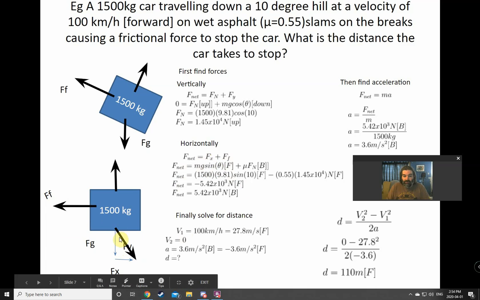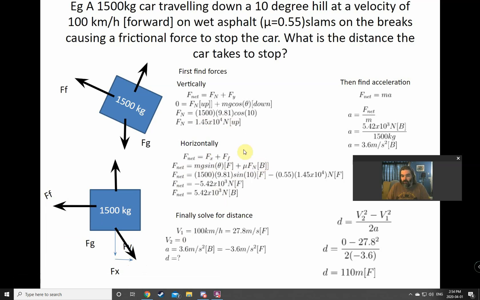The net force is mg sine theta, because it's the opposite, plus mu times Fn, which we found ahead. By the way, remember, force of friction is always backwards, so just ignore the direction for the normal force. Plug in the numbers. The coefficient is 0.55 on wet asphalt, times Fn.